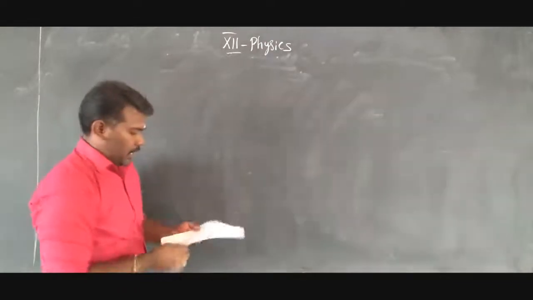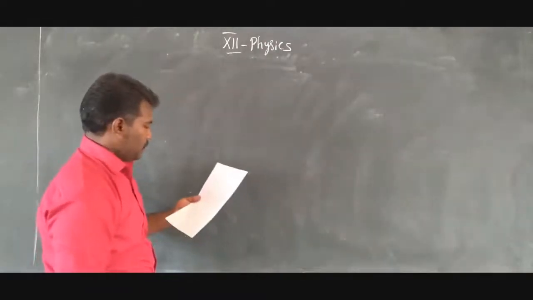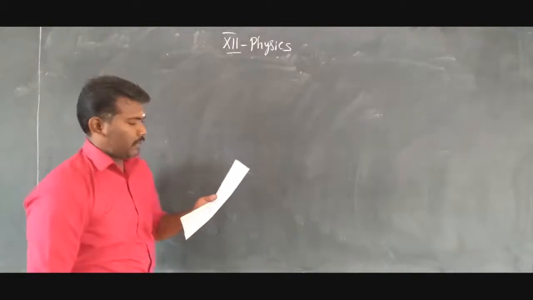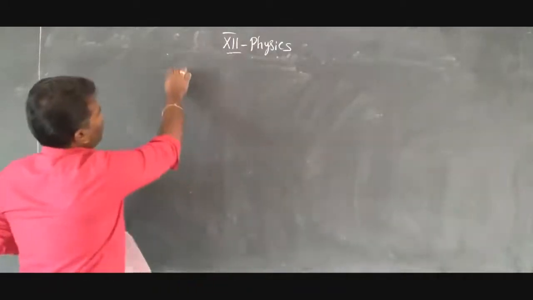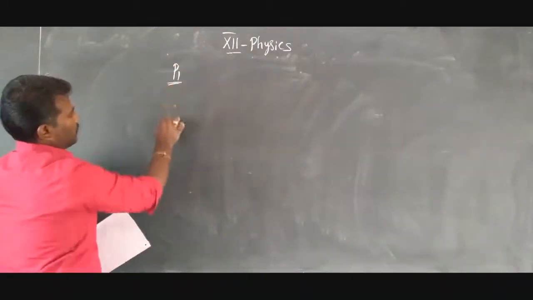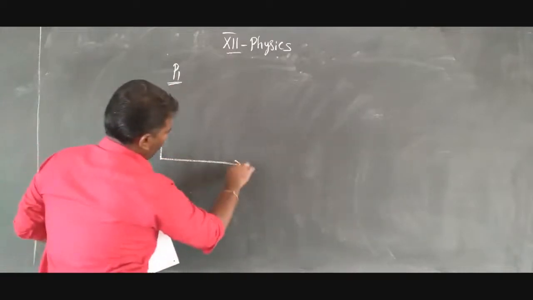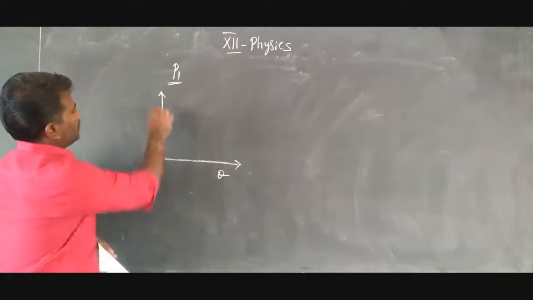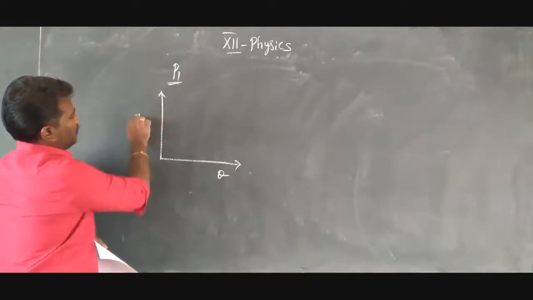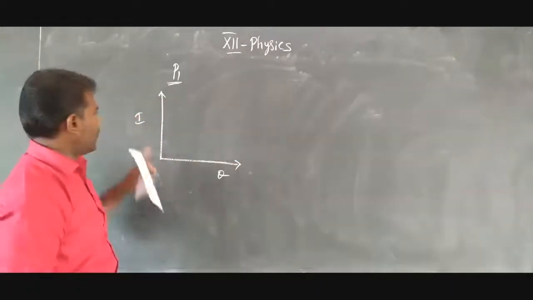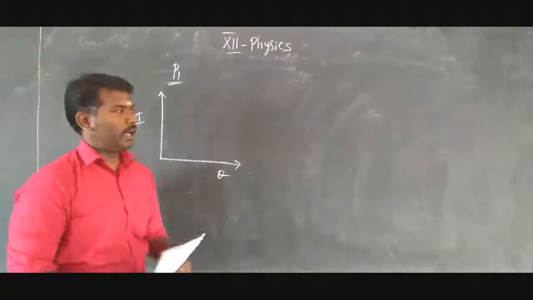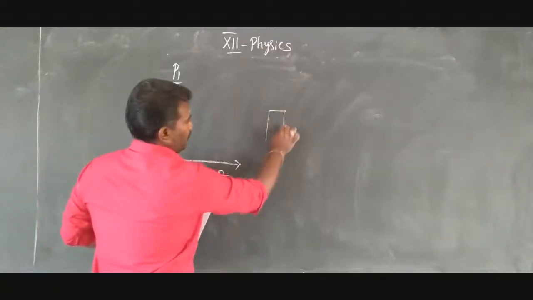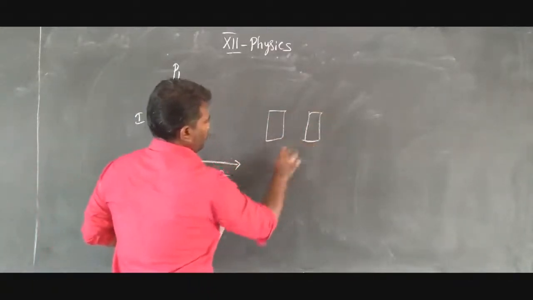Initially I am going to draw the graph for the intensity of the light transmitted by P1. In the x-axis, theta, the angle variation; in the y-axis, the intensity of the light ray. I is the intensity of the incident light ray. Here we have the two polarizers P1 and P2.